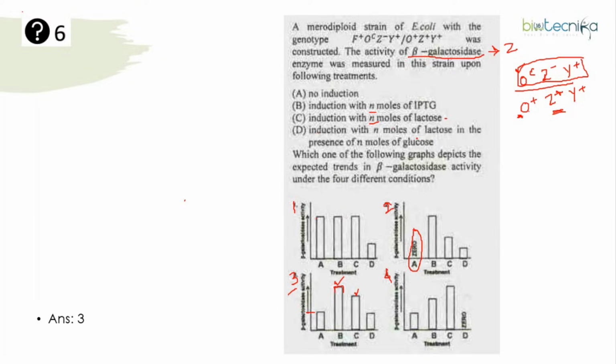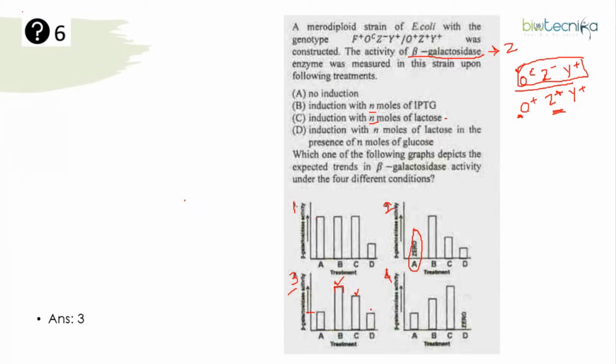In the next one, induction with n moles of lactose in the presence of n moles of glucose. Now see, if glucose is present, lactose doesn't work. Glucose will be broken down first, and only after that will the lactose be broken down and the operon be initiated.